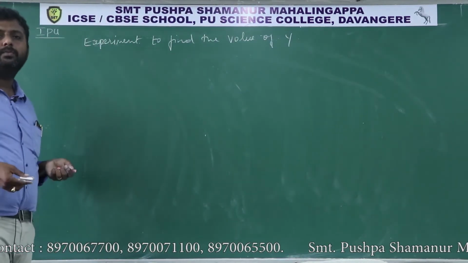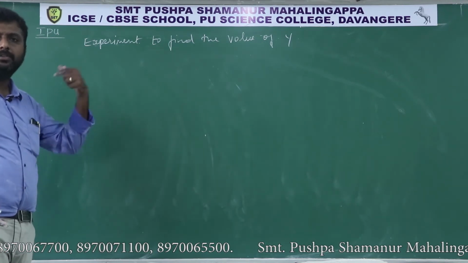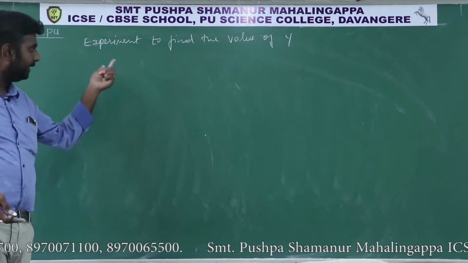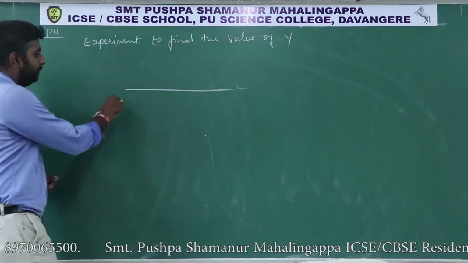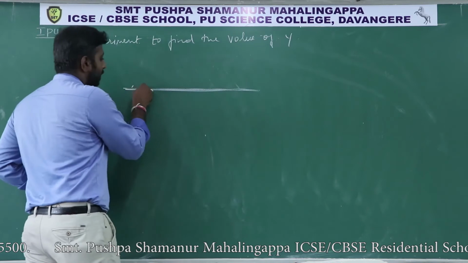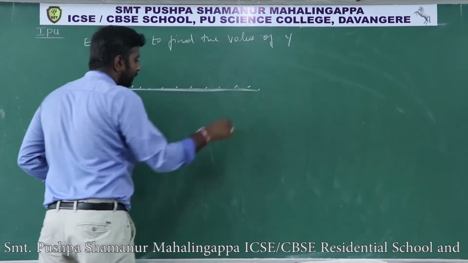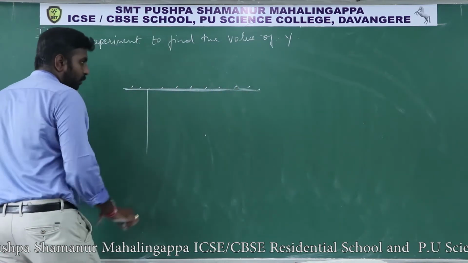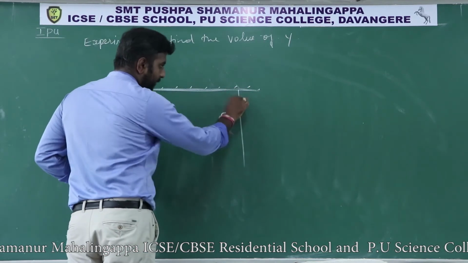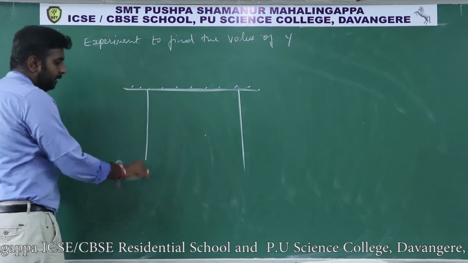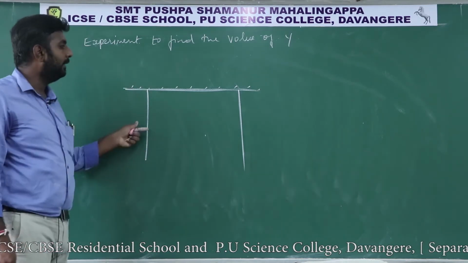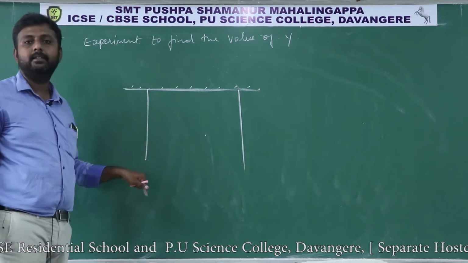So how can we find the value of Young's modulus of different materials through experiment? Let us consider this is a rigid support, and in this rigid support, two wires are suspended. These two wires are made of the same material and have the same radius.